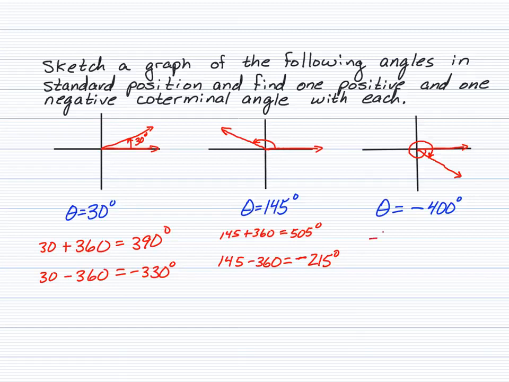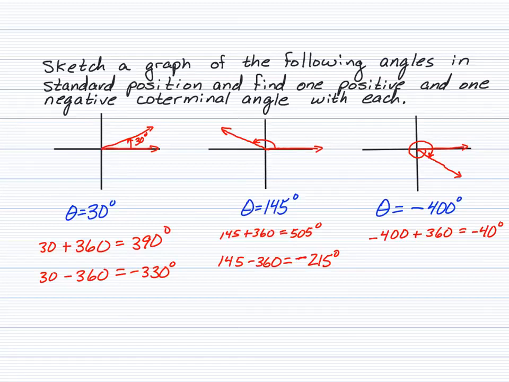Now, if you take negative 400 degrees and add 360 to that, that is going to give you negative 40 degrees. That is still a negative coterminal angle.